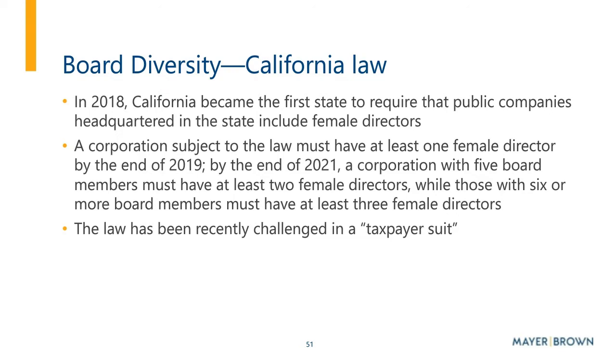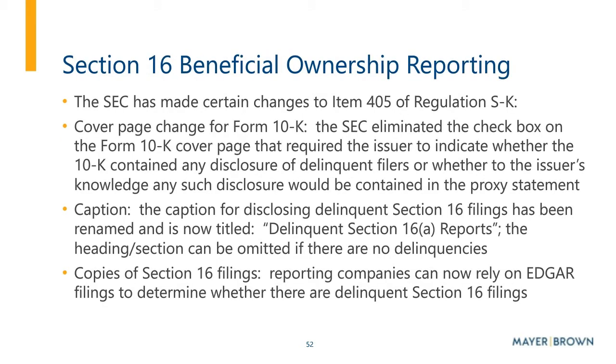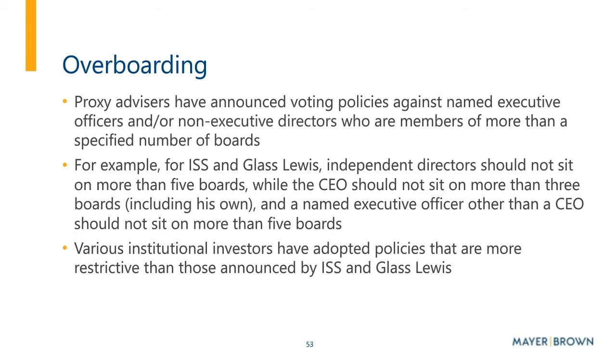And another topic, again, of interest to the institutional investor community and proxy advisors is overboarding. So another topic that boards should consider and should consider addressing in advance of proxy season.